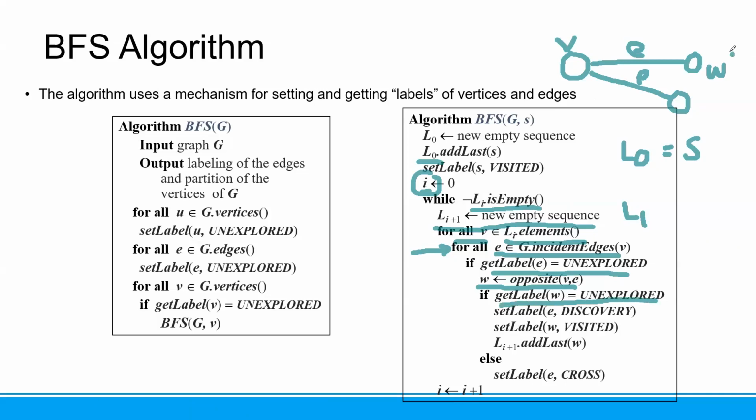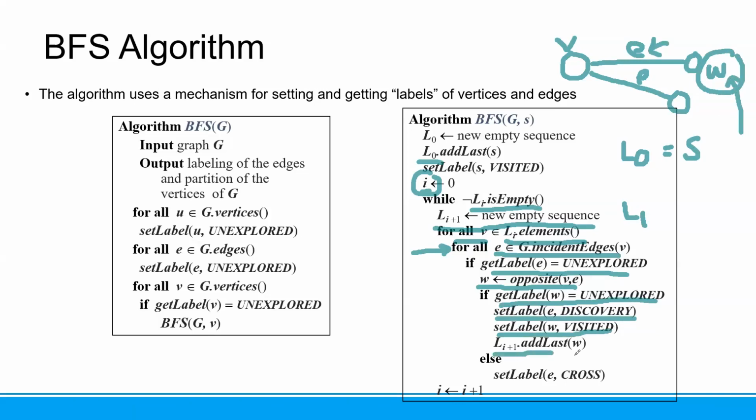If W is not visited, then we set the label of E as discovery. So this edge will be discovery. And then set the label of W as visited.